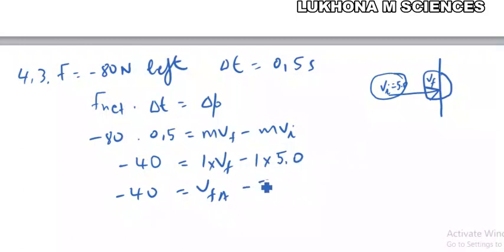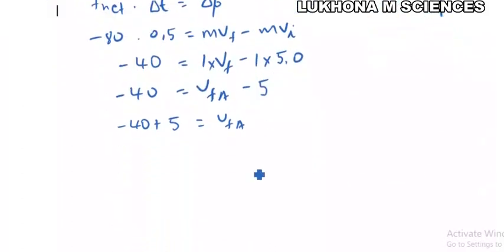Then we transpose, the 5 becomes positive, so 40 plus 5 gives the final velocity of A. Therefore, the final velocity of A is negative 35, that is 35 meters per second.